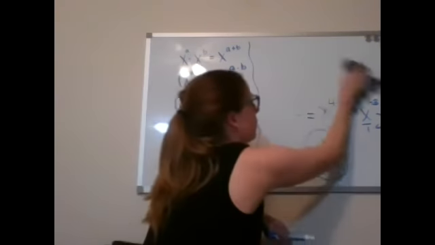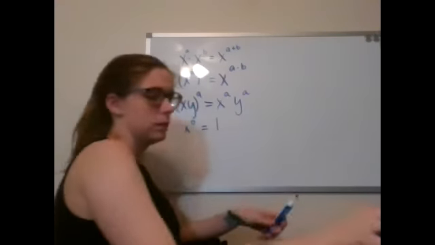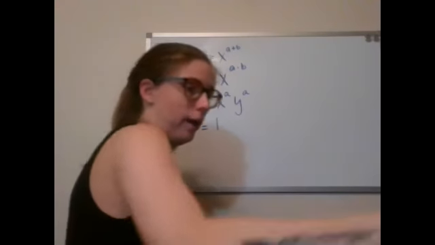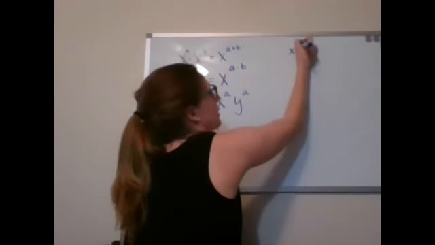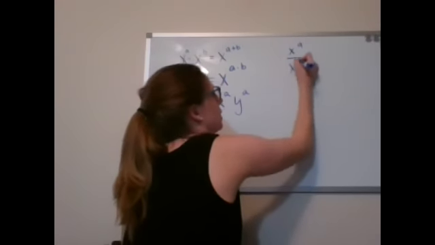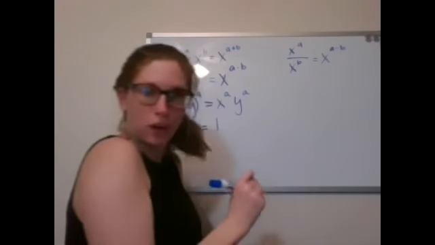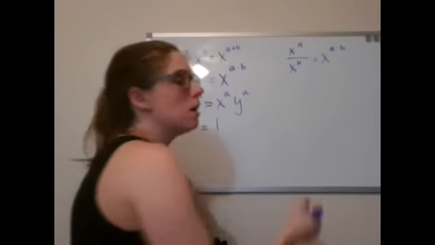All right, so to add on to this list from yesterday, we now have 3 more. If you have x to the a over x to the b, that's x to the a minus b. Subtract the exponents if you're dividing.